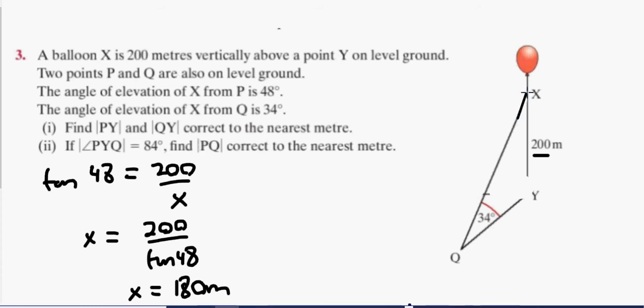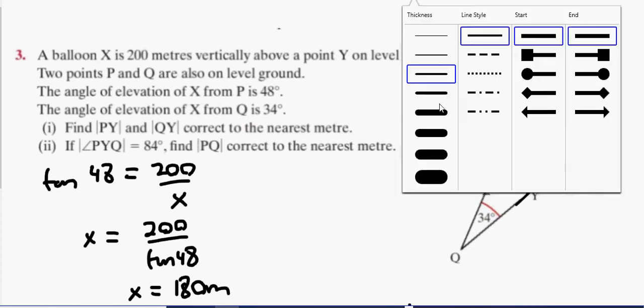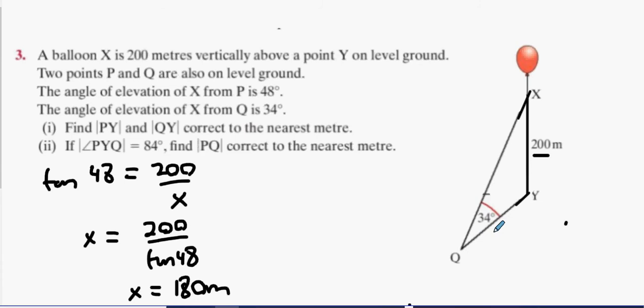Now what type of triangle is this, even though it doesn't really look like it? It's actually also a right angle triangle, because you gotta remember, XY is going straight up, and YQ is on ground level, so that makes that 90 degrees. Is that okay? So what length are we looking for? We're looking for QY, which is the blue length, okay?